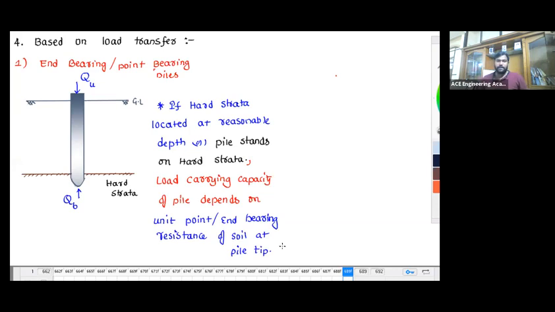What is the meaning of pile tip? Pile tip is nothing but the bottom.